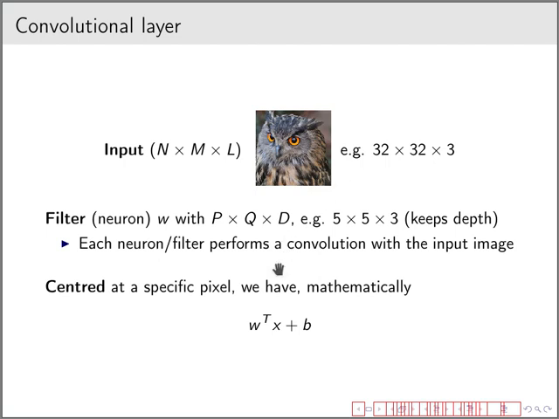So each neuron or filter performs a convolution with the input image, centered at a specific pixel. Mathematically, we have for each pixel the same equation that we have for dense layers.